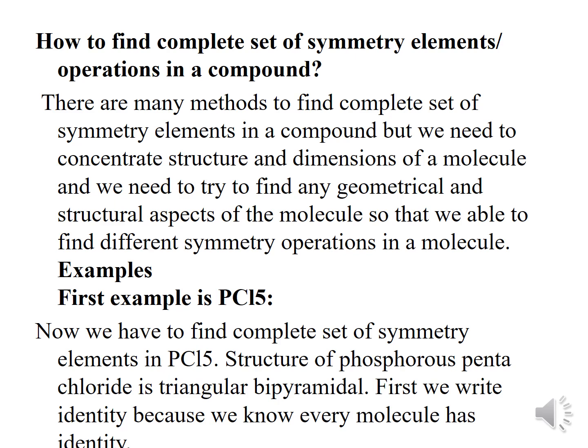First example is PCl5. Now we have to find the complete set of symmetry elements in PCl5. The structure of phosphorus pentachloride is trigonal bipyramidal. First we write identity because we know every molecule has identity.